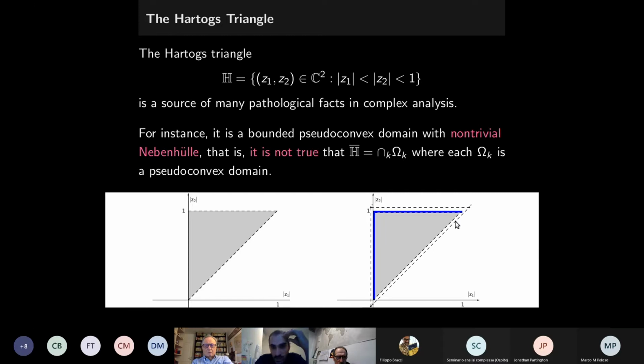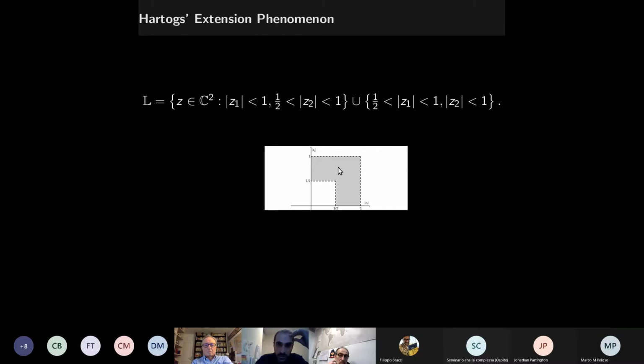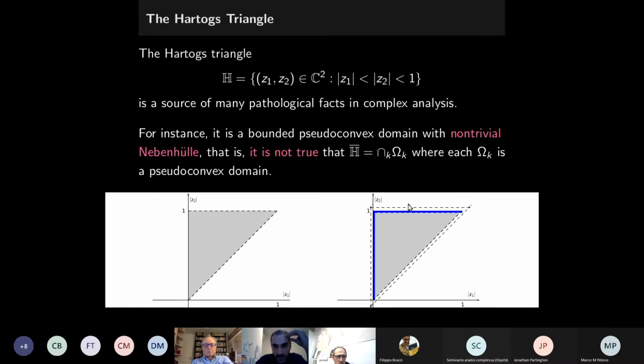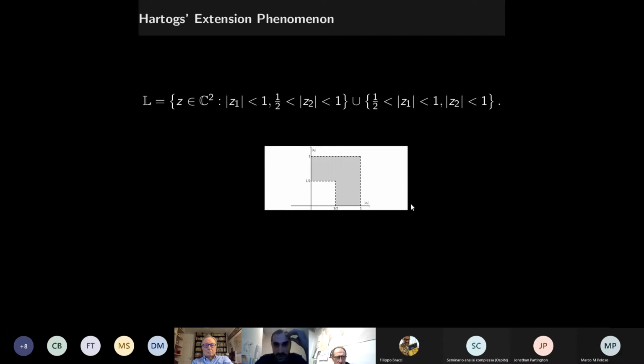Here you have to think that this side is of length epsilon. This L-shaped domain is fat, and it is something like this, where this side goes from 1/2 to 1 and from 1/2 to 1.